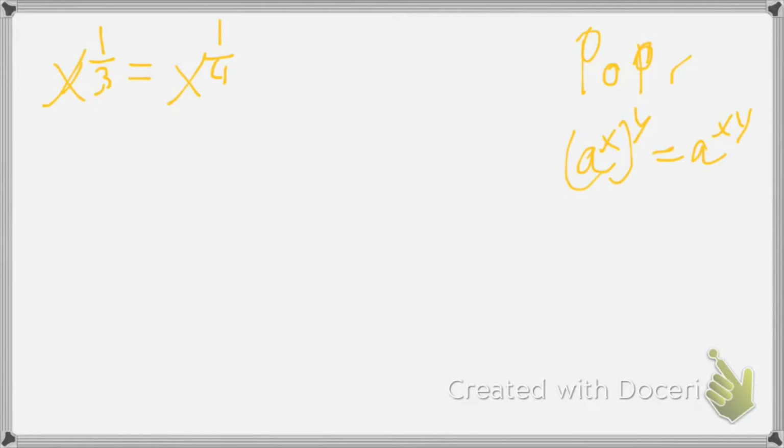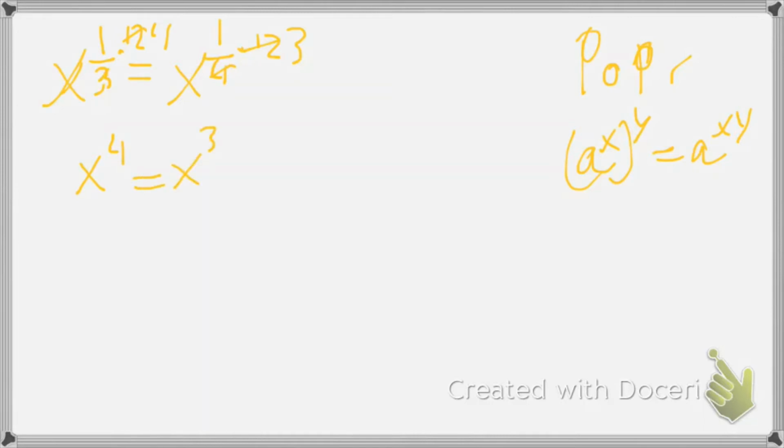What we can do is multiply 1/3 and 1/4 by the lowest common denominator, 12. This becomes 4, this becomes 3. x to the power of 4 will equal x to the power of 3.